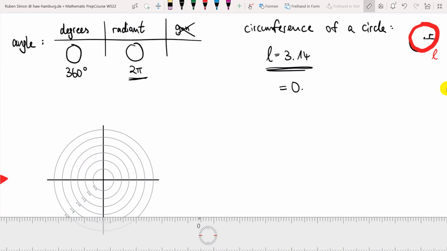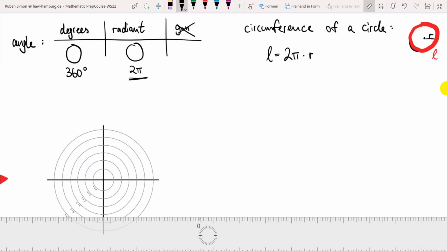Half. It's going to be half, or sorry. Yes, but how do you know that? What's the formula in general for any circle? 2 pi r. Correct. 2 pi times r.